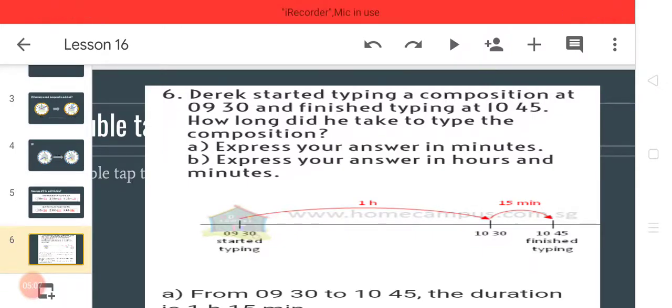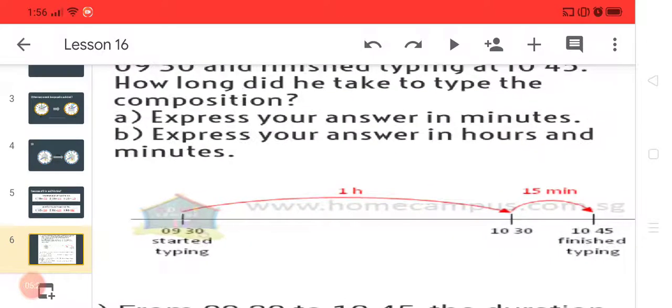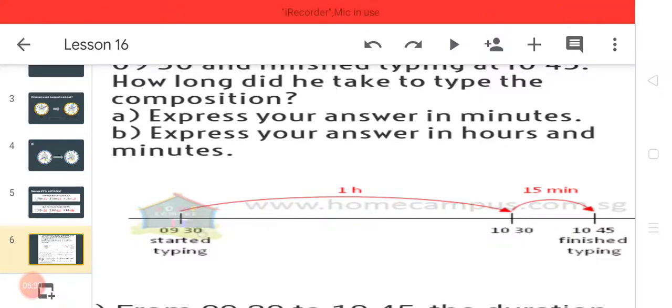With the help of the arrow, we are going to find out the change in starting and finishing time. We are going to separate the hour first and after that the minutes. From 9:30 to 10:30 is 1 hour, and 10:30 to 10:45 is 15 minutes. So we can say that the typing takes 1 hour and 15 minutes.